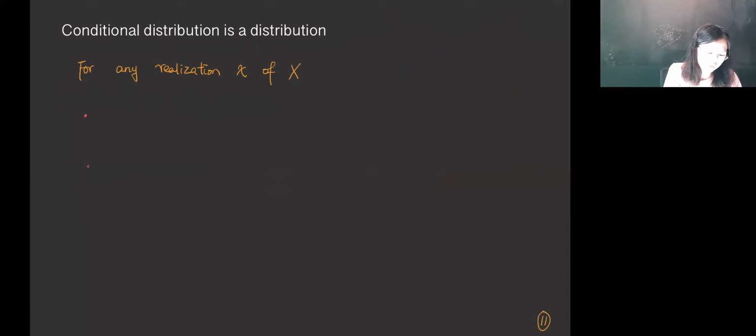We're talking about the same thing here on this slide. Conditional distribution is a distribution in general. So for any realization little x of x, now we are switching the roles of conditioning variable and variable of interest again. Now x is the conditioning variable. For any realization little x of x, f of y given x is a distribution of y.